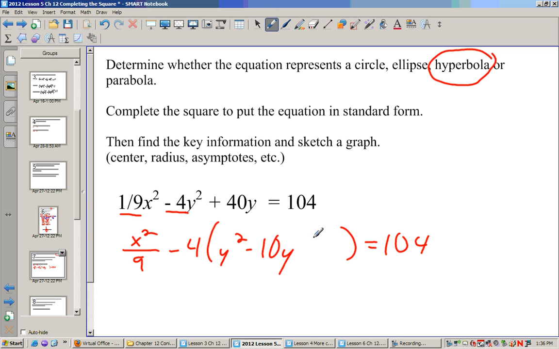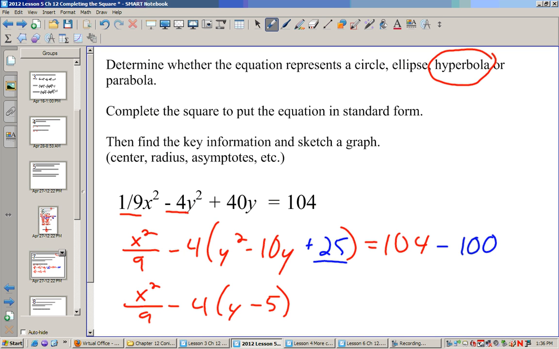Now what I have to add to this will be 25 to make it a perfect square. So really what I'm adding to this side is negative 4 times 25, which is negative 100. So I have x squared over 9 minus 4 times y minus 5 squared is equal to 4.